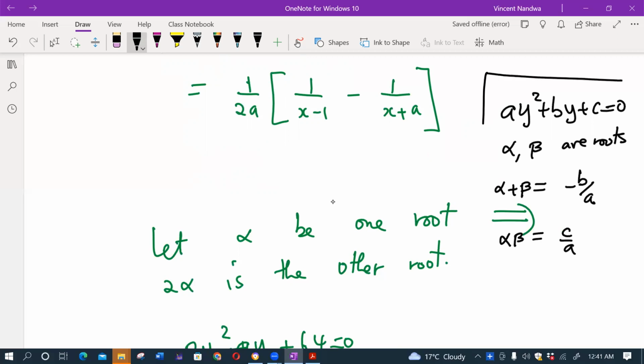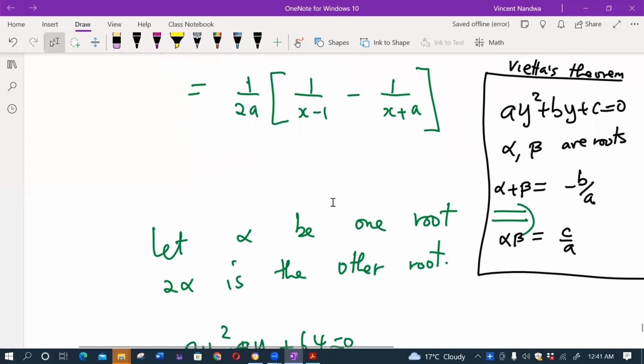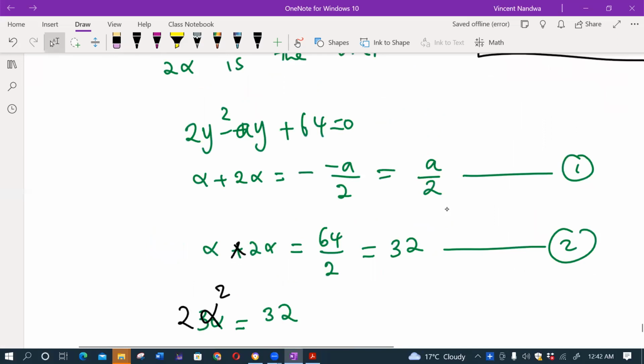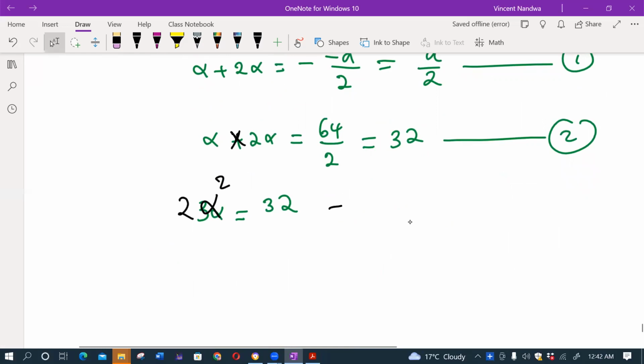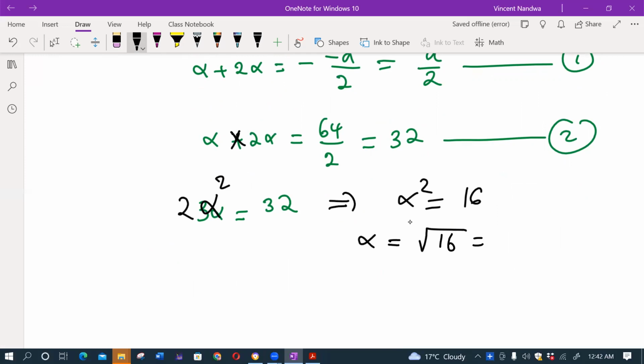So this is what we are applying, the so-called Vieta's identities or theorem, which relates the roots of the quadratic and its coefficients. So alpha times 2 alpha is 2 alpha squared, which is 32, which means alpha squared is 16. So alpha will be the square root of 16, which is plus or minus 4.